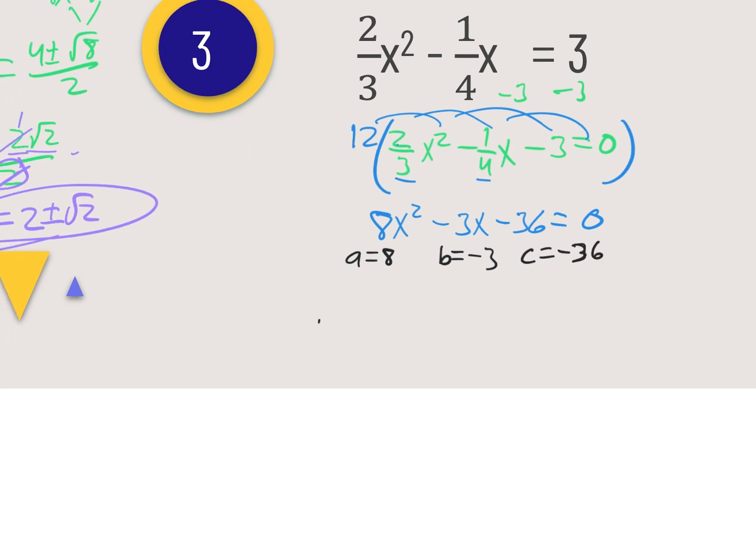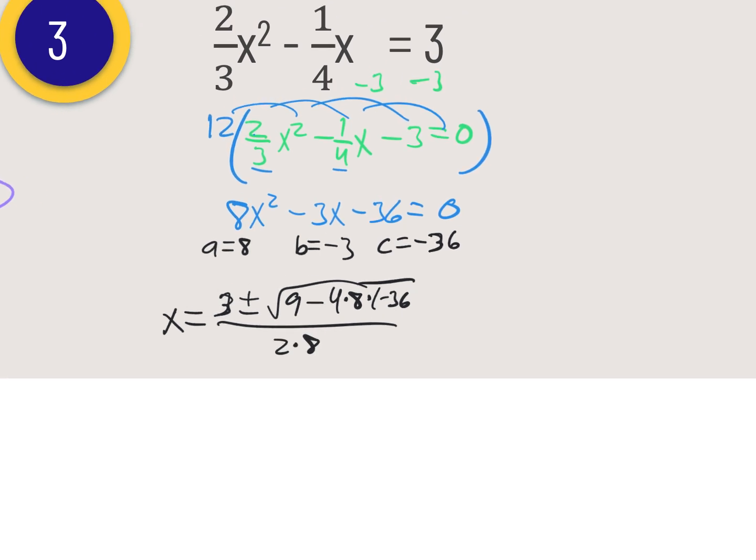All right, so we should get x equals negative b is going to be positive 3, right? Minus a negative is going to be positive. So we get 3 plus or minus the square root. Negative 3 squared is 9. All right, minus 4 times a times c, all right, all over 2 times a, so 2 times 8.